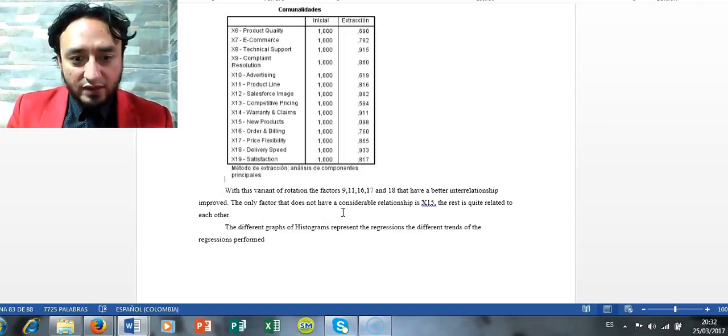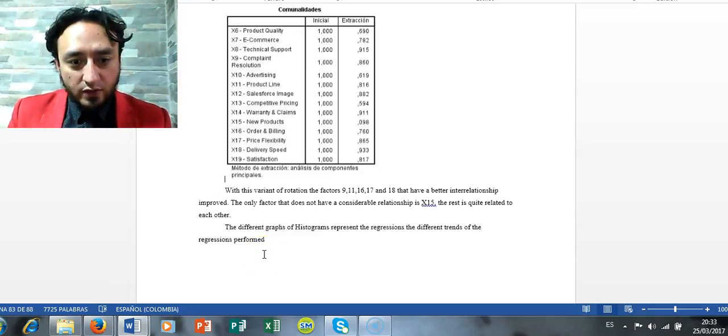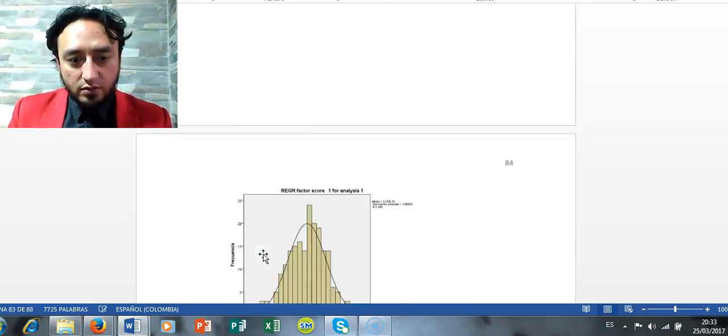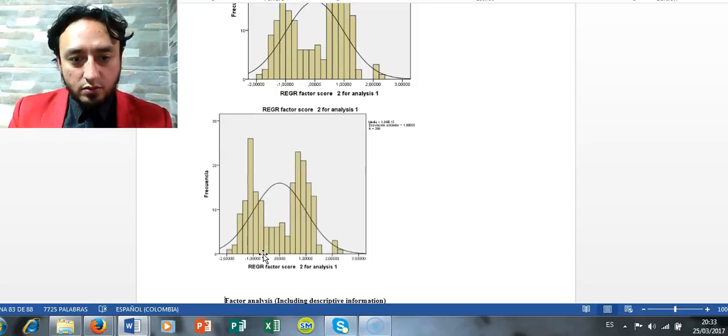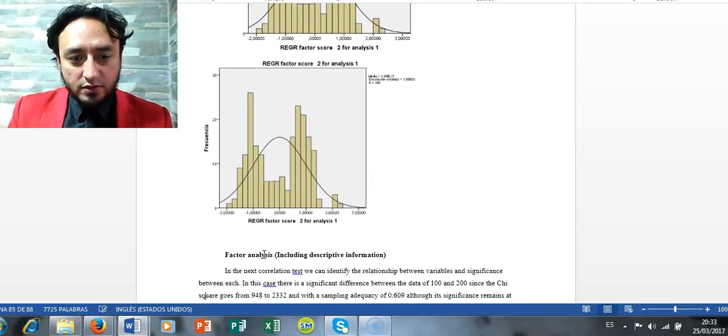The only factor that does not have a considerable relationship is x15. The rest is quite related to each other. The different histograms represent the regression, the different trends of the regressions performed. Here we have the histograms.